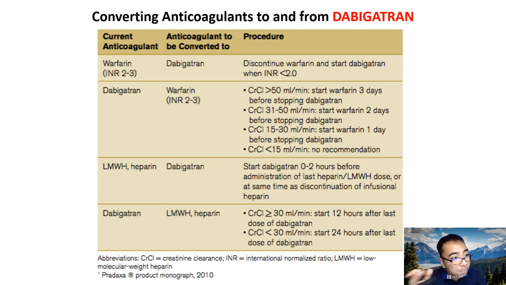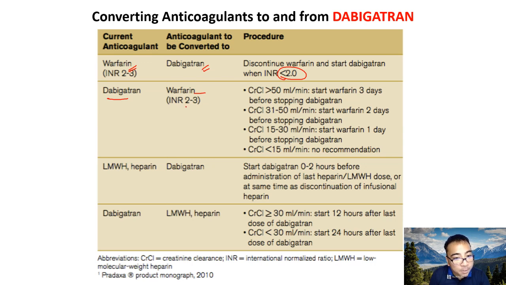Okay, tawag natin doon is bridging. Okay, nagbi-bridge ka ng gamot mo. So say for example, if the patient started with warfarin, then shift to the dabigatran. Ano ang gagawin natin? So normally you have to discontinue warfarin and start the dabigatran when the INR is already less than 2.